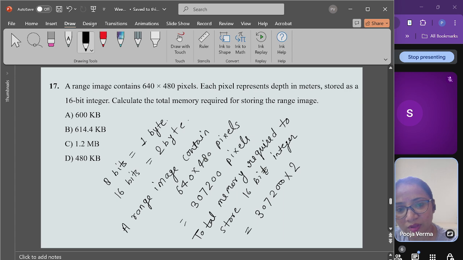That represents each 16-bit represented by a 2 byte. So that's why we have directly converted into 2 byte. Then it is easy to calculate in the form of byte and kilobyte.